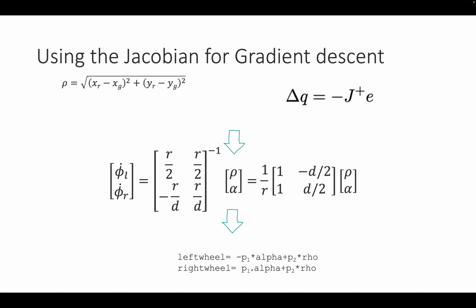So now the Jacobian is nothing else than a gradient that you can use to optimize a function, except that it is a multidimensional gradient. What you can say for robotic systems is that the change in the actuators that you want to put is minus the gradient times the error, much like we have derived earlier for the controller.